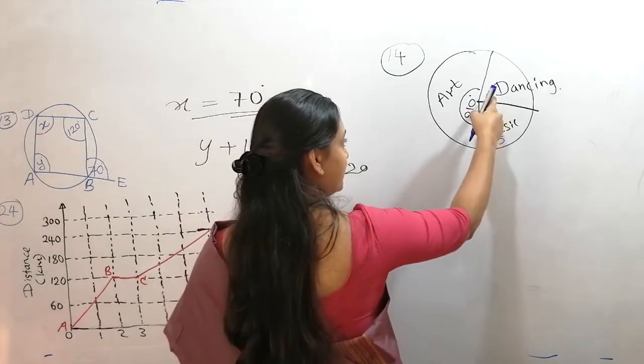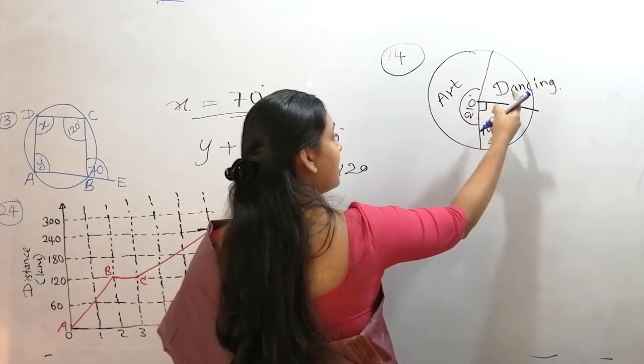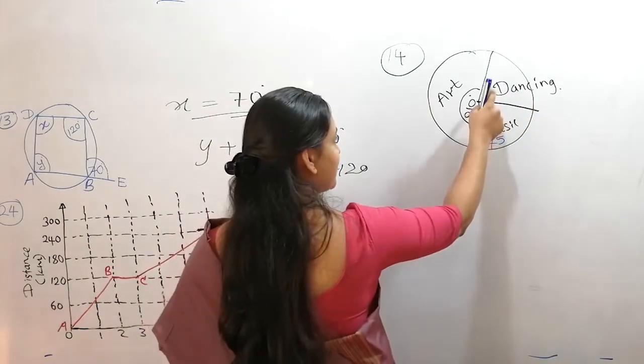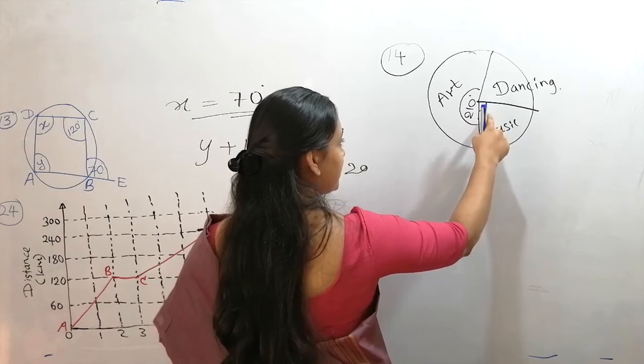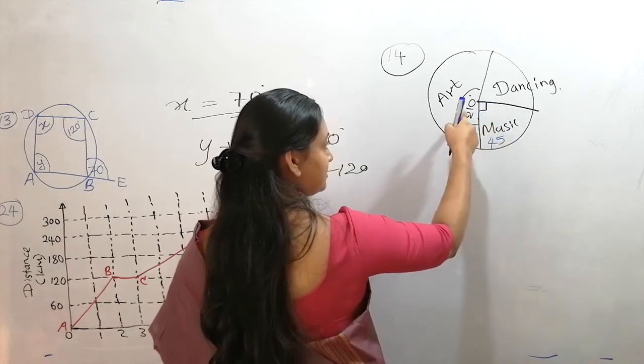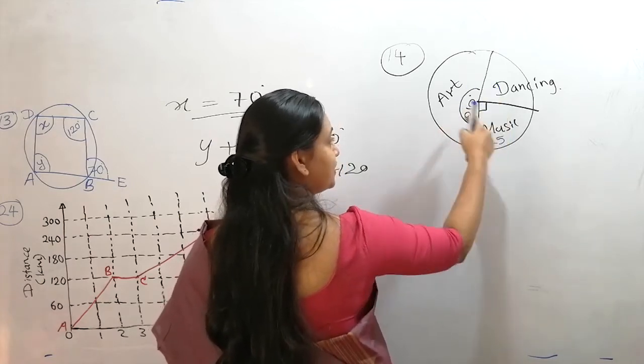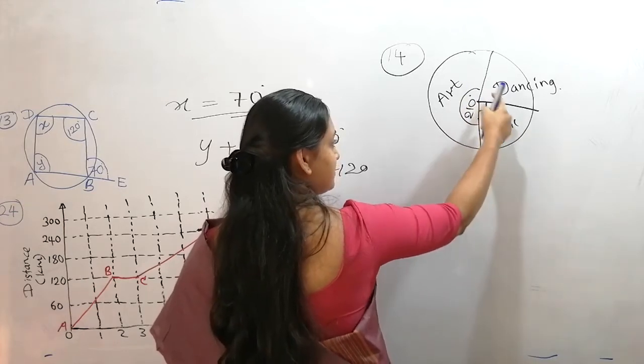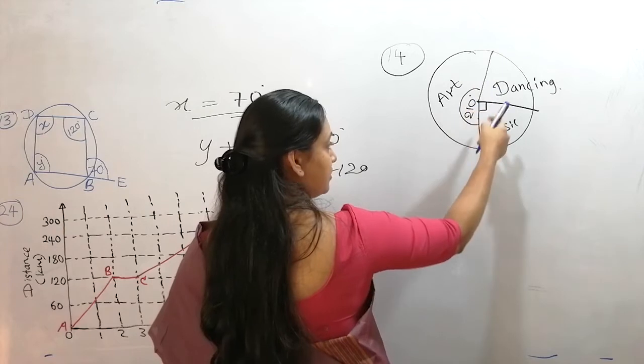Then we have to find how many students this angle will represent. That is the method. First we have to find this angle. The 90 degrees plus 210 degrees plus this angle should equal 360 degrees, because these three angles are angles around a point.